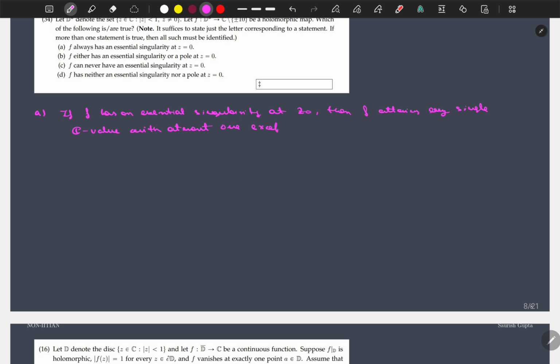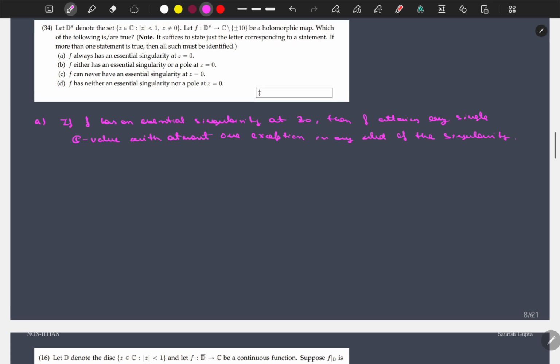It can leave at most one point in any neighborhood of the singularity, right? So if it had an essential singularity at z equal to 0, then it would have attained either plus 10 or minus 10, but it's leaving both plus and minus 10. So option A cannot be true for obvious reasons.